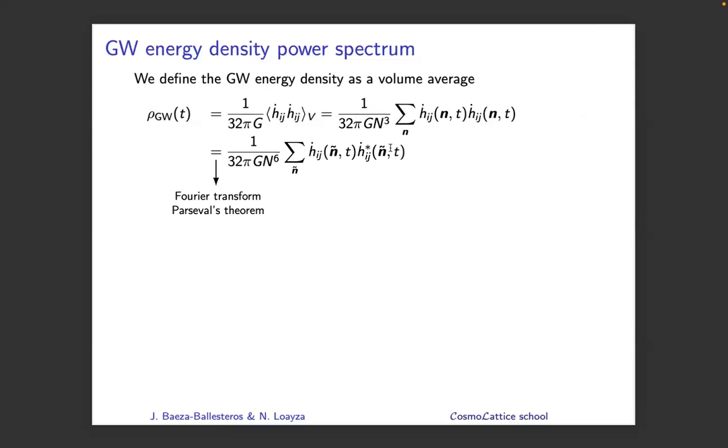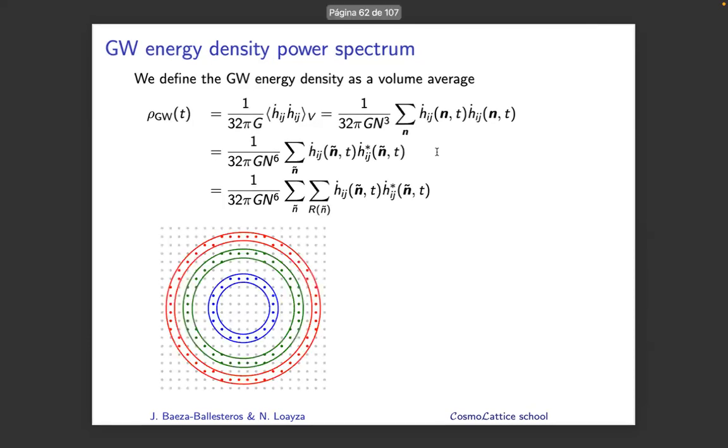Actually, I want to do this in Fourier space because for me it's easier to get the h_ij tensors there. So I do this in Fourier space, and I will now start explaining how we do this in the lattice. We take our Fourier space, and we can break this sum over all lattice sites into two sums.